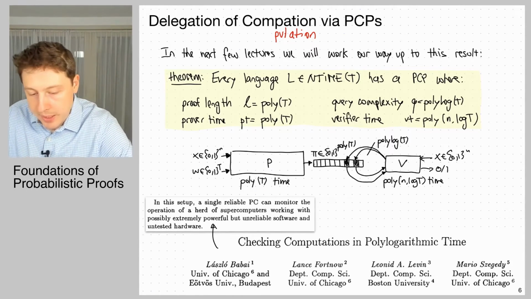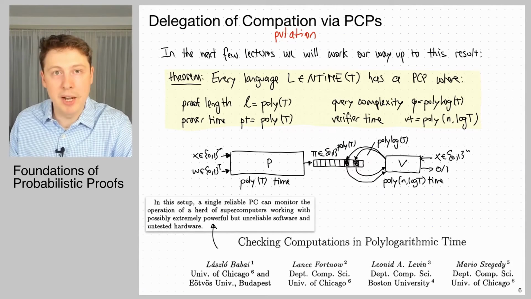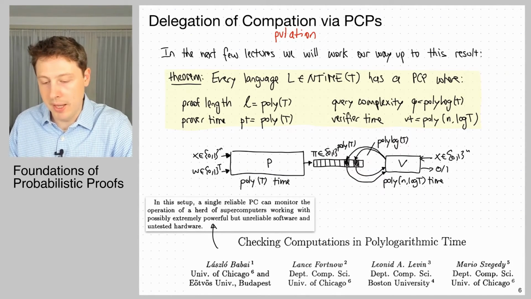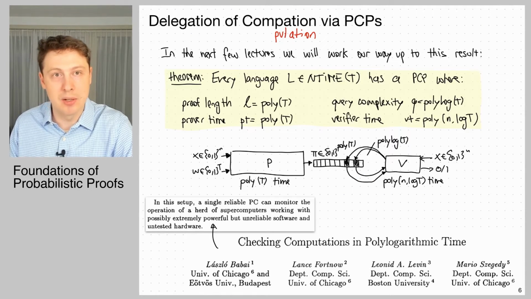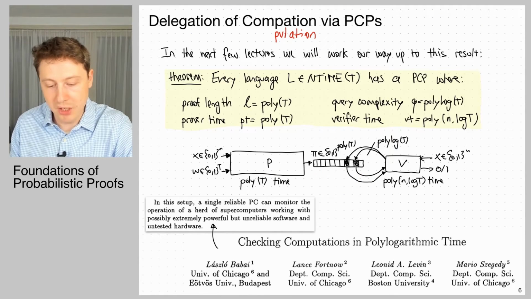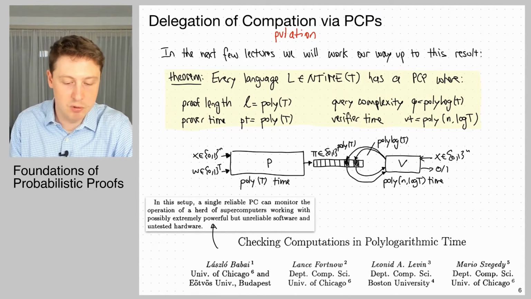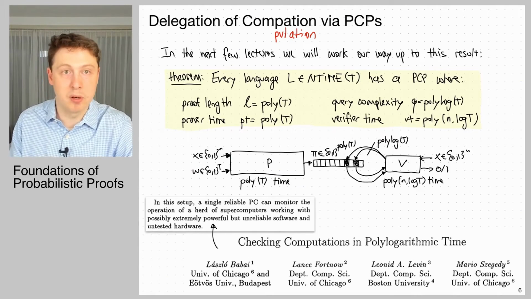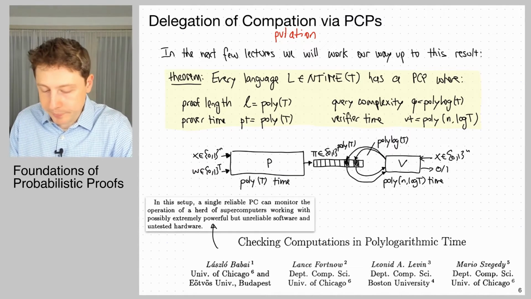And yet, in this setup, in this model, you're able to gain control over it, and be able to check the correctness of the computation, right? Because X could be encoding the input and output, and then the language could be talking about some correct computation of some function, right?